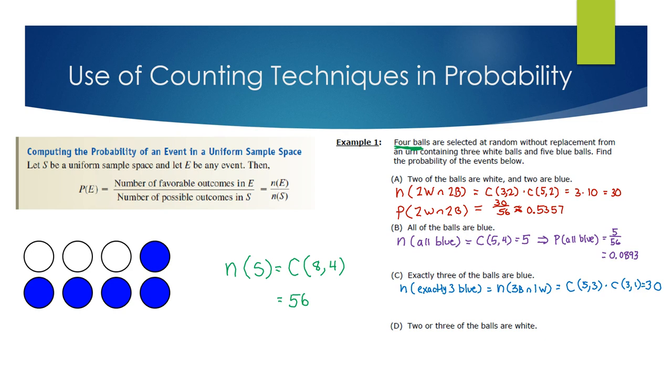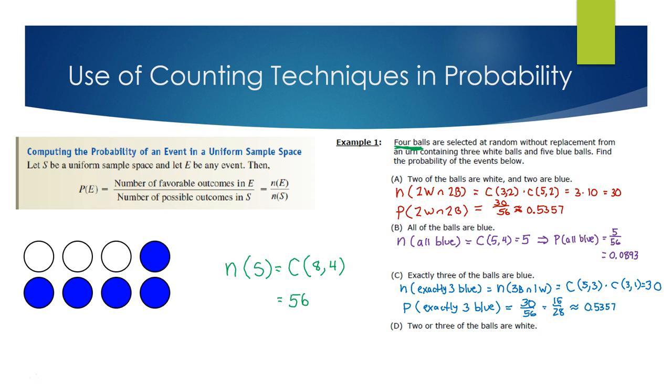So the number that happens with that is basically the combination with n being 5 and r being 3, times the combination of n being 3 and r being 1. And that ends up being 30. And so it's 30 out of 56, which is going to give me the 0.5357 again. So this has the same probability as having 2 balls being white and 2 being blue.